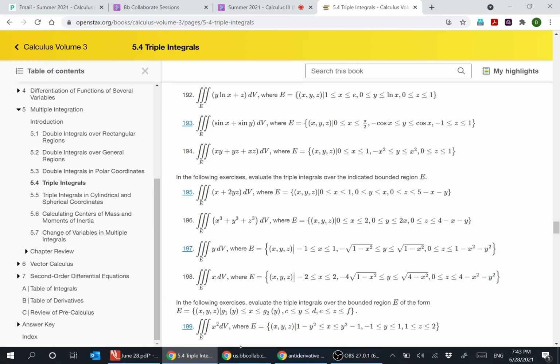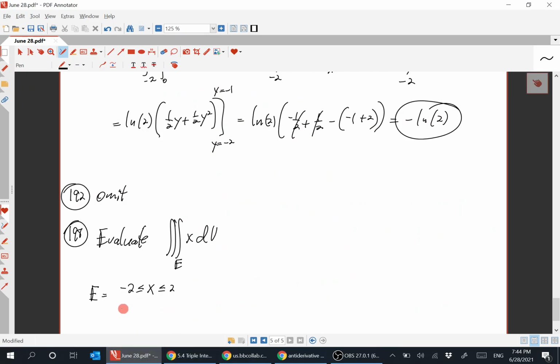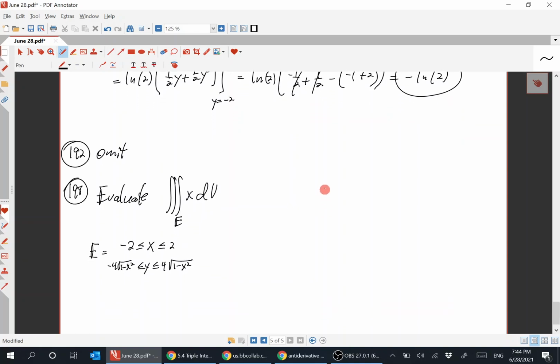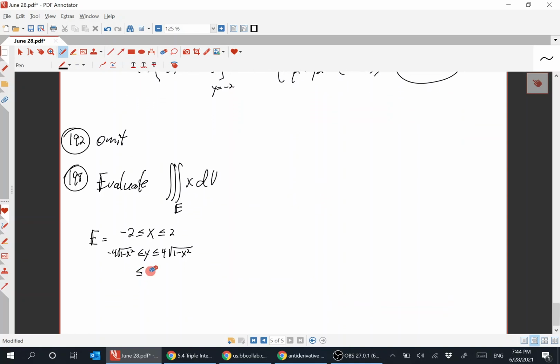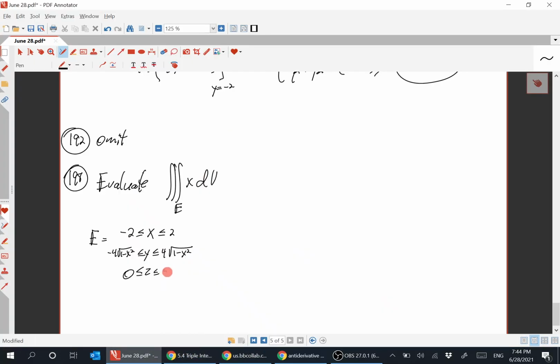Y is between minus the square root of 1 minus x squared and the square root of 4 minus x squared. And then z is between 0 and 4 minus x squared minus y squared.